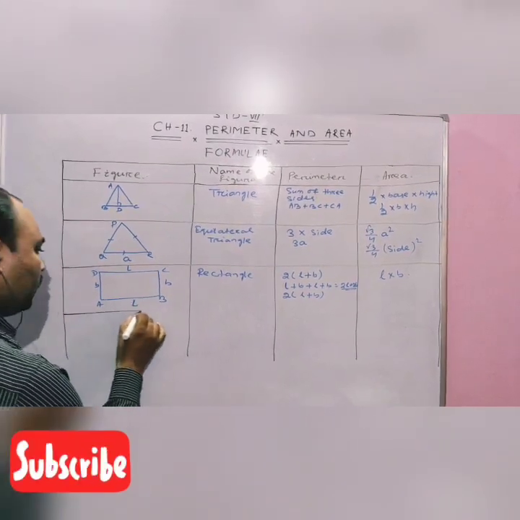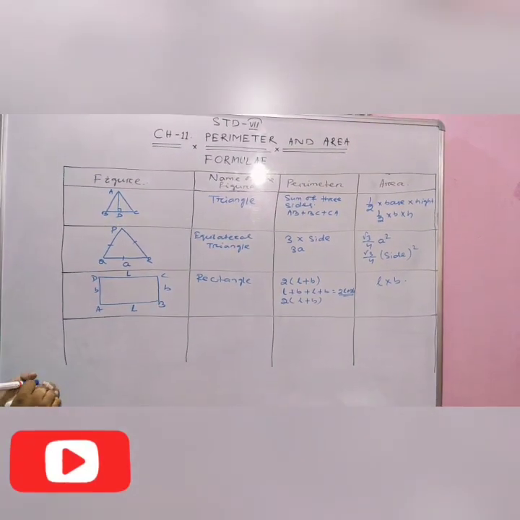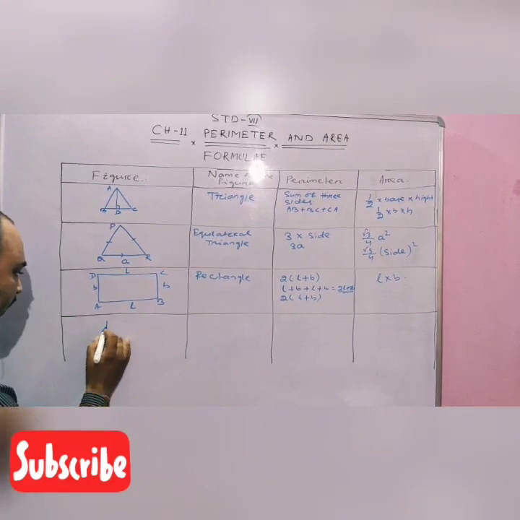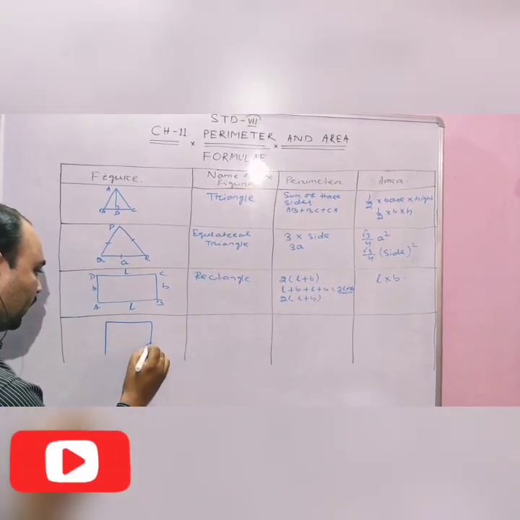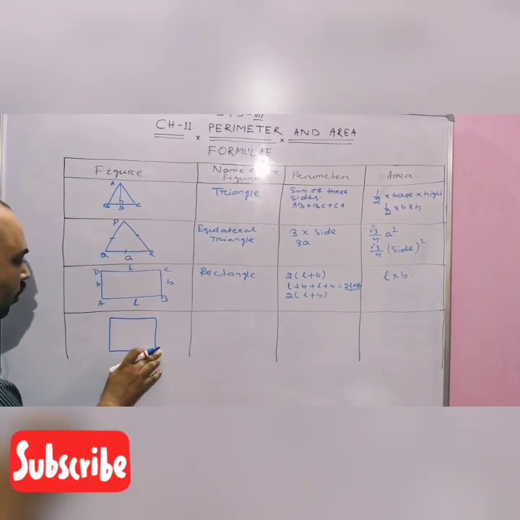Now we will go to the closed figure whose name is square. What is the difference between square and rectangle, do you know? Square is one type of rectangle, yes or no? But here, all its sides are equal.